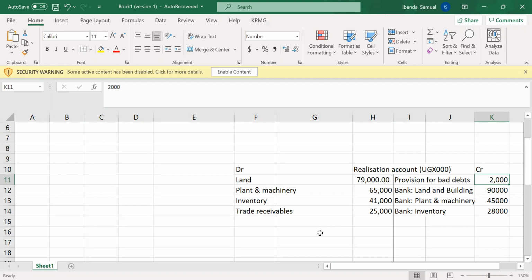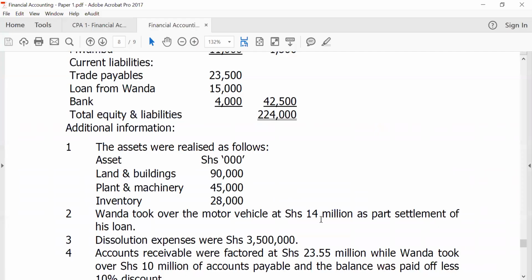Now, we have the dissolution expenses. We can take care of those because there is no much logic that you have to use on these dissolution expenses. The dissolution expenses, these ones, you bring them here to your realization account.